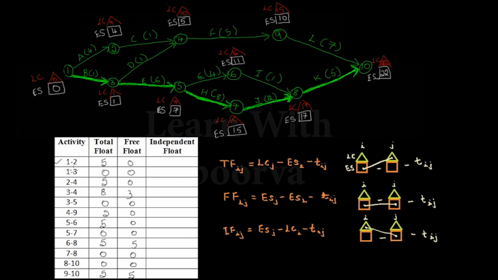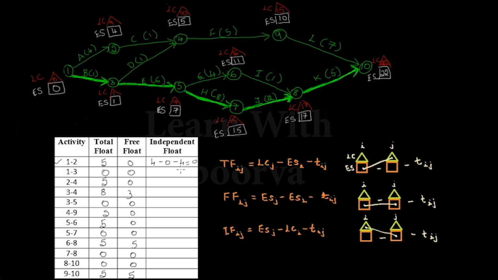Okay, let us start with the first activity 1 to 2. For 1 to 2, the earliest start of j is 4 and the latest completion of i is 0. So we will have it as 4 minus 0 minus 4. The difference I will find here will be equal to 0.